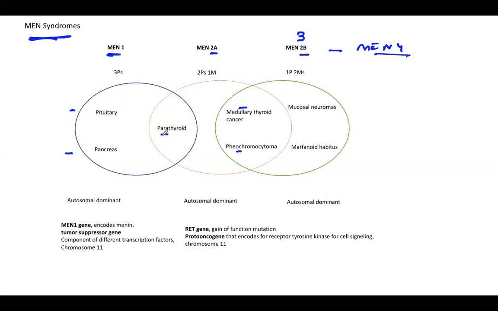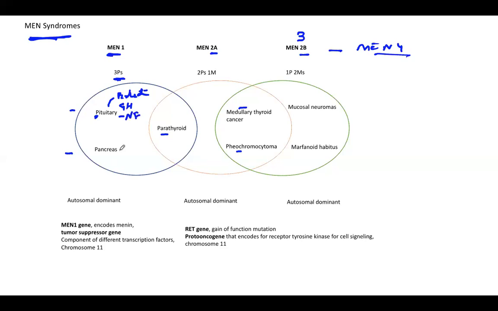But if we know more, that's good as well. So the way to remember is MEN1 has 3 P's. One P is pituitary, where it can be an adenoma secreting growth hormone. The most common is one that secretes prolactin, growth hormone, and others as well, or it can be non-functional.